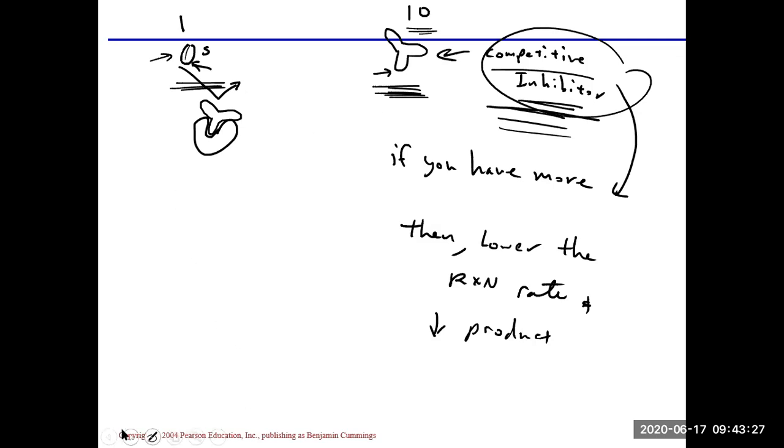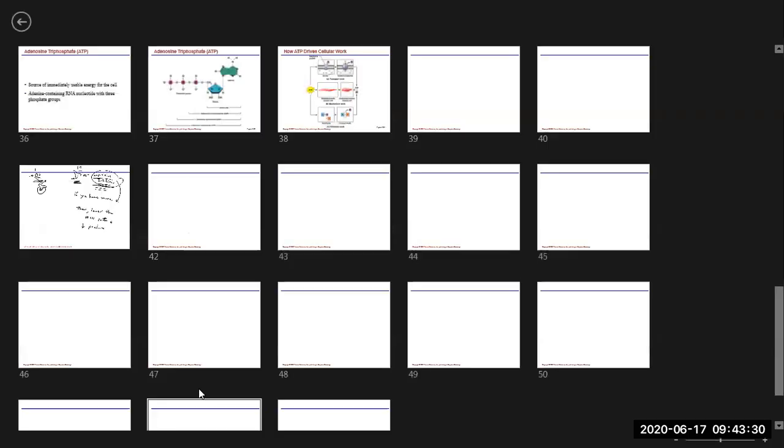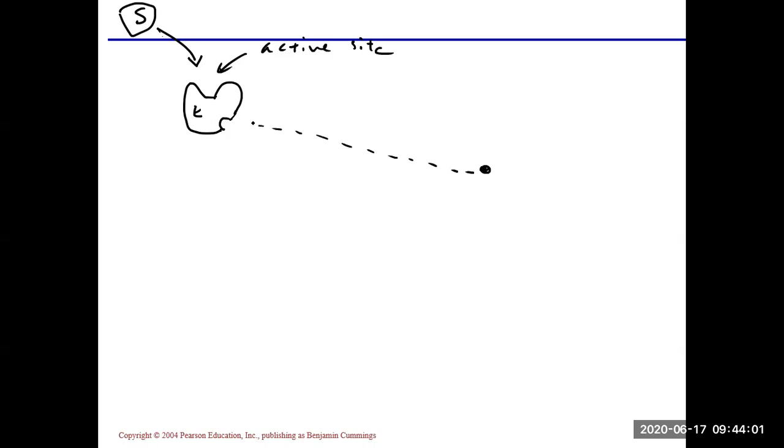Now, another scenario, the last one I wanted to talk about. Say this is the enzyme again. This is the active site, and this right here is where the substrate binds. This is my enzyme. Let's say you have a molecule that can bind another area right here.